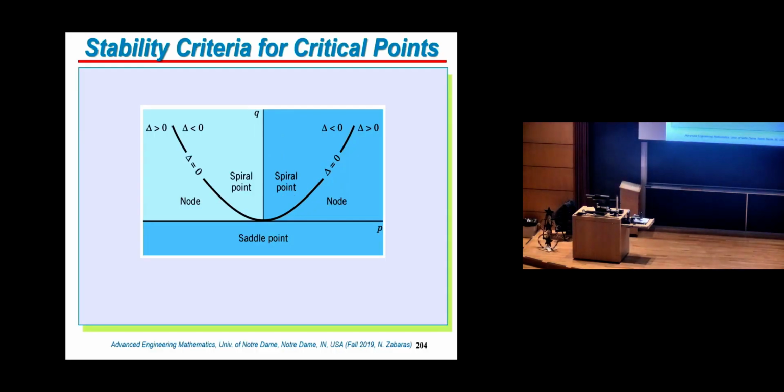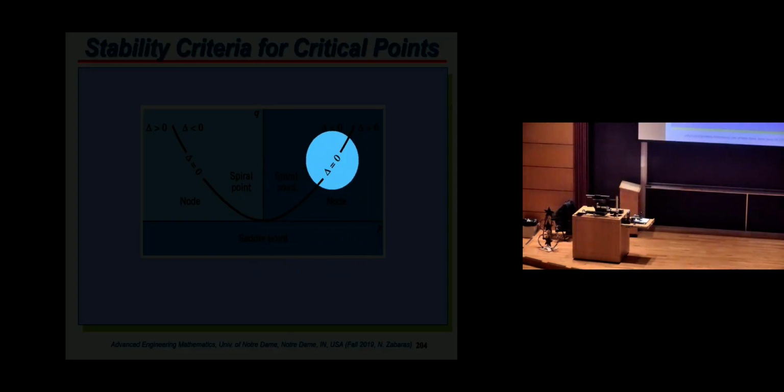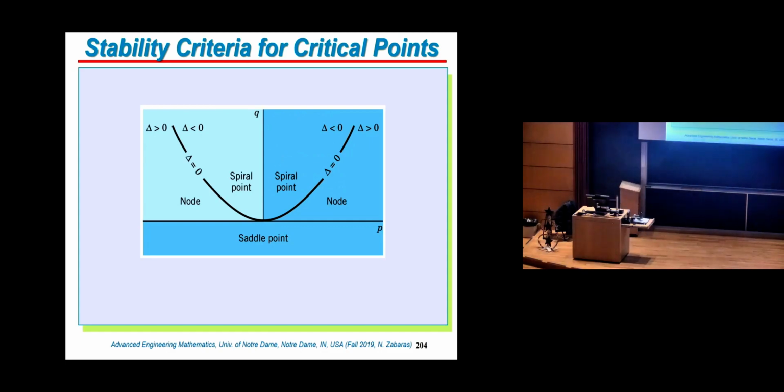Can you pick up for me, just to make me happy, any of these dark areas and repeat for me why, let's say here, this is unstable, this triangular there. So look at all the quantities that I have and tell me why that spiral point is unstable. The only way a spiral point will be unstable is when the real part is what? Positive. Is the real part here positive?